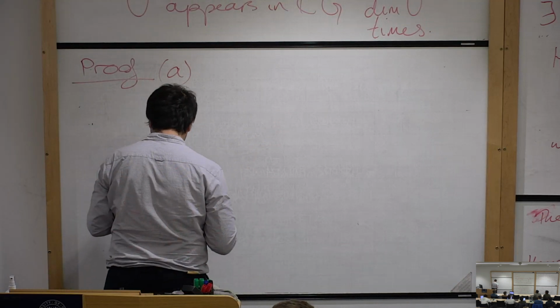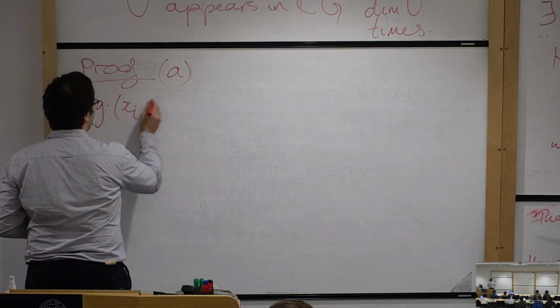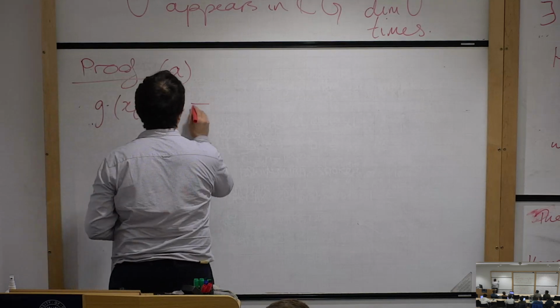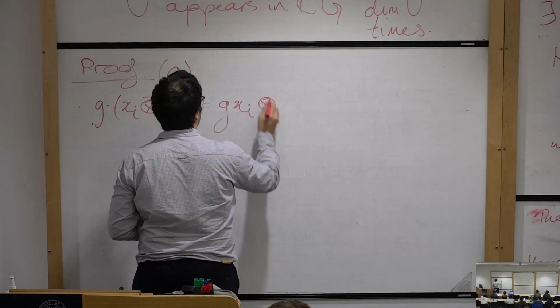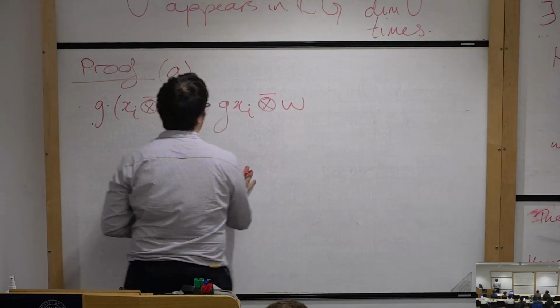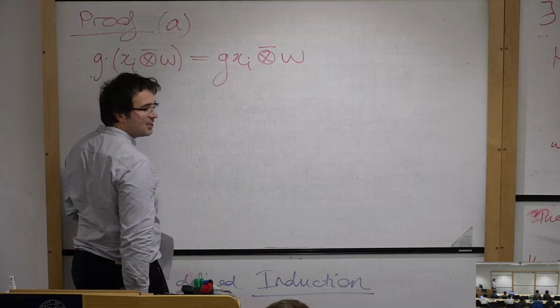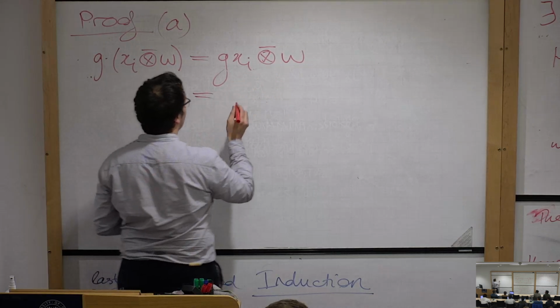So I better prove A, and this is just completely obvious. Indeed, definition of group action. And at this point, this g wants to push past the tensor. I can't quite do that, but I have notation, fortunately.